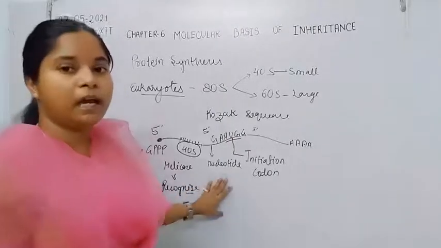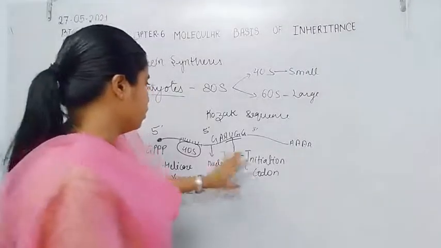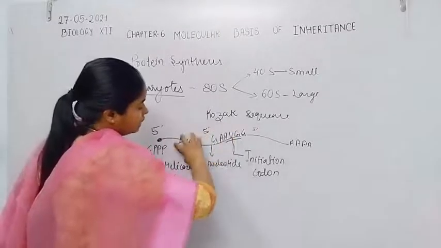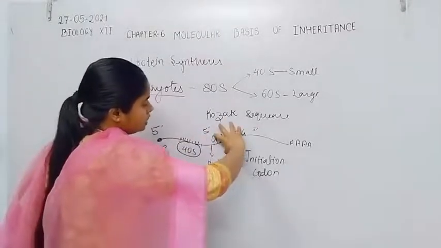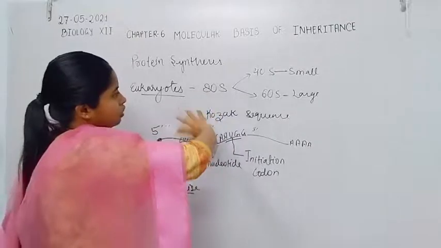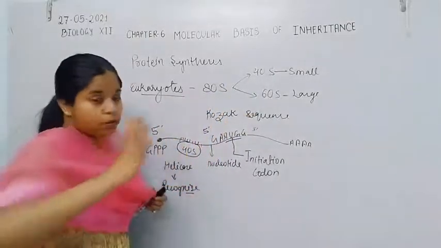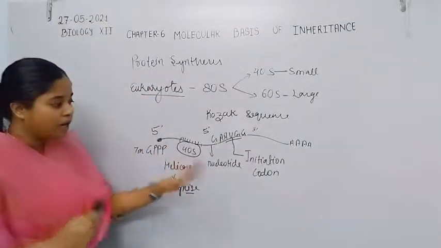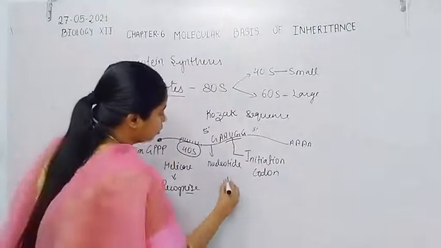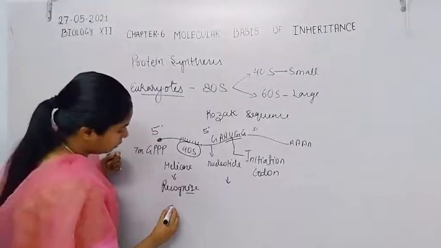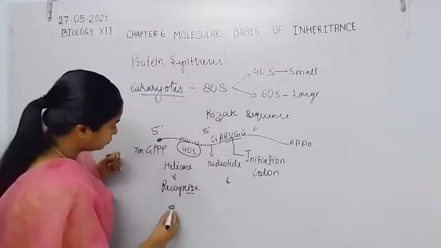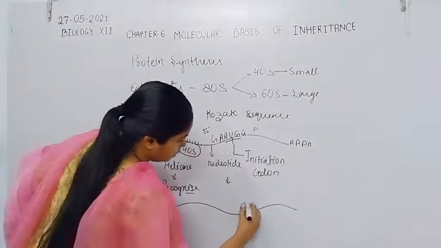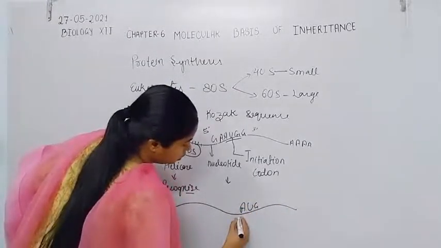When the small subunit, in eukaryotes as well as prokaryotes, reaches the initiation codon, finally the large subunit binds at the region of the initiation codon, AUG.